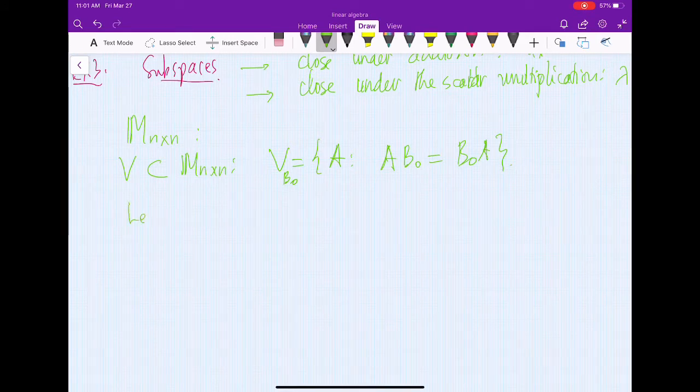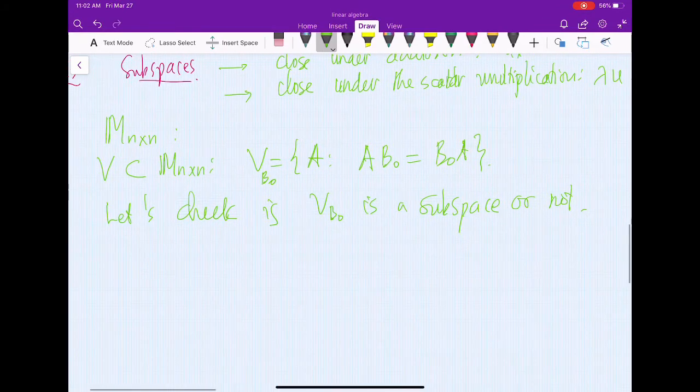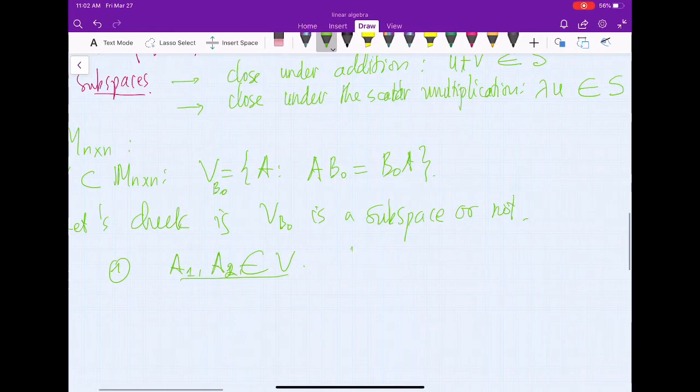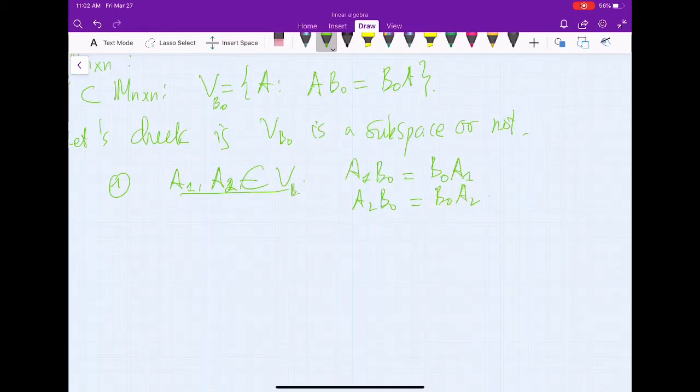So let's check if V(B0) is a subspace or not. We need to check two properties. The first one, you pick some matrices A1 and A2 in V. So you have A1 B0 equal to B0 A1 and A2 B0 equal to B0 A2, because they are elements in V(B0).